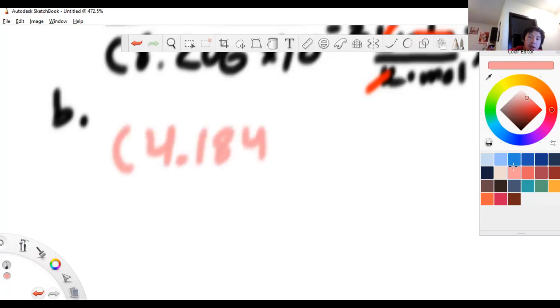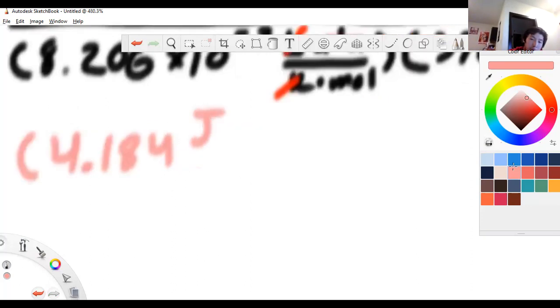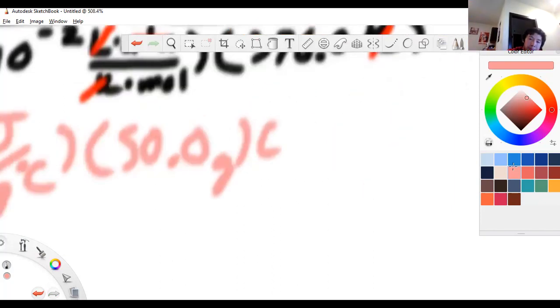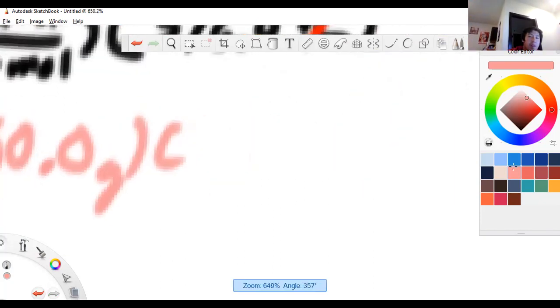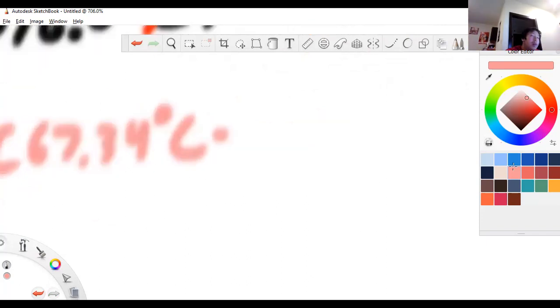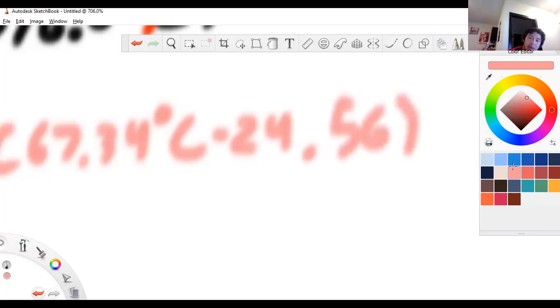4.184 joules per gram degrees C times 50.0 grams times 67.34 degrees C minus 24.56.